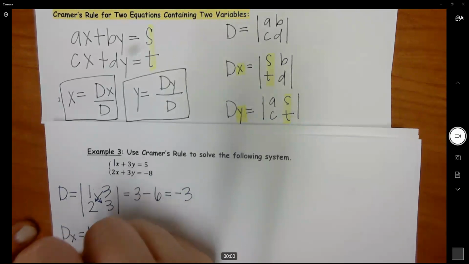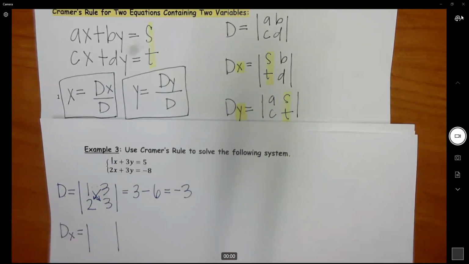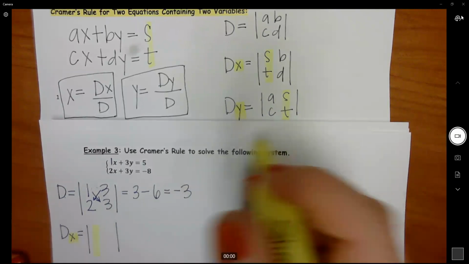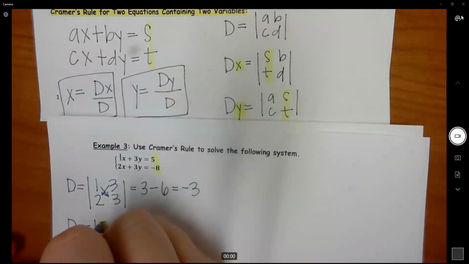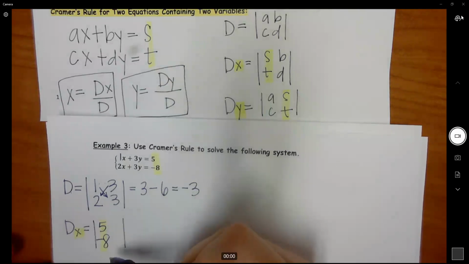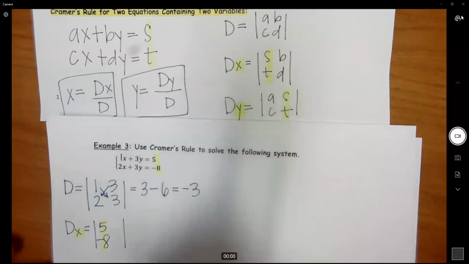So now we need D sub x. Because this is x, I'm going to take my x column and replace it with what these equations equal. So this becomes 5, -8, and my y column does not change. So this is 3, 3.